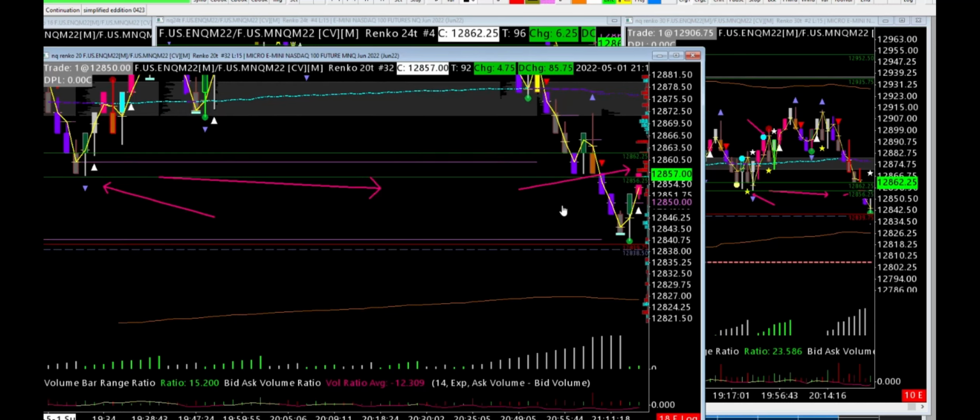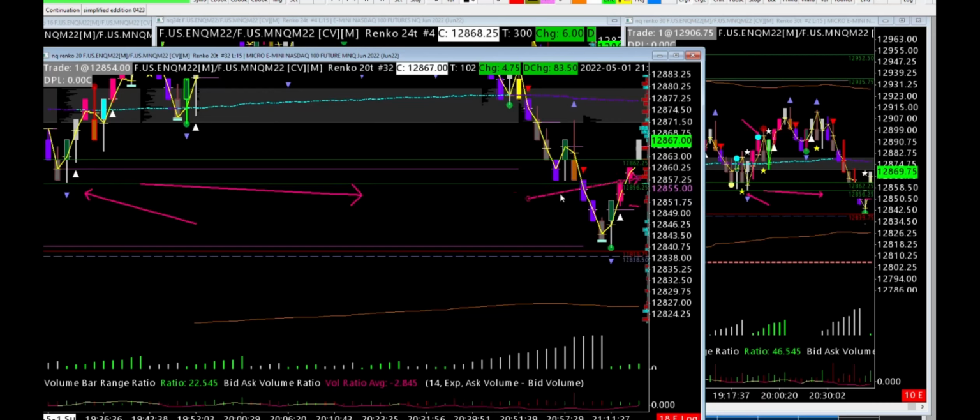And the other thing that got my attention here was you see this red bar here. That is sellers hitting the bid at that price. So that is delta by price. So this price here at 12,857.50 perhaps, or 57.75, there were 92 more contracts traded at the bid versus at the ask.